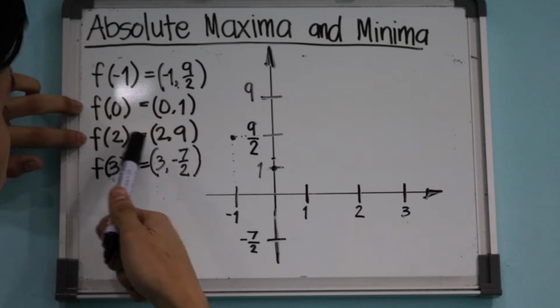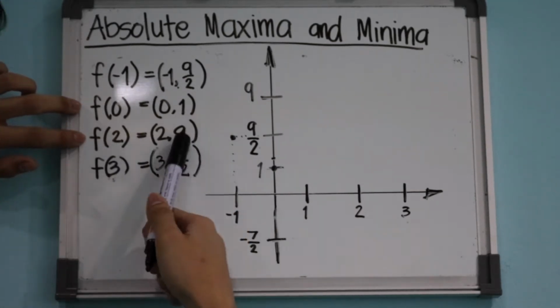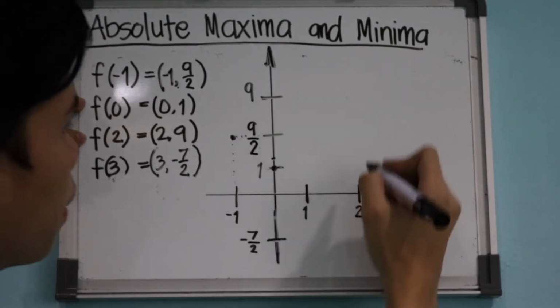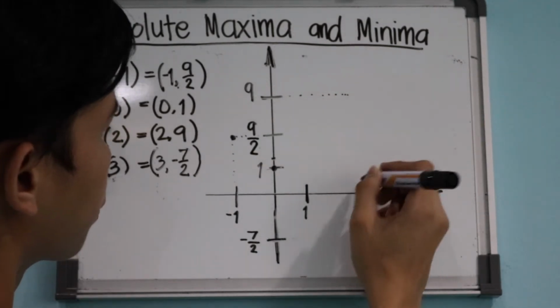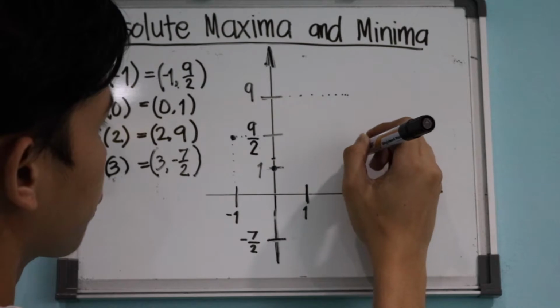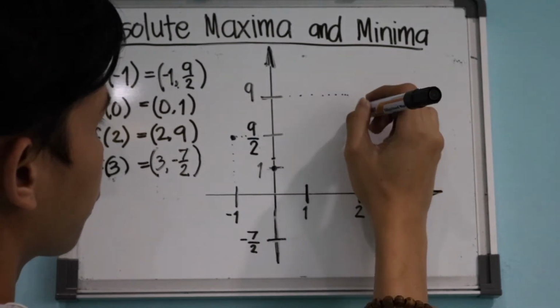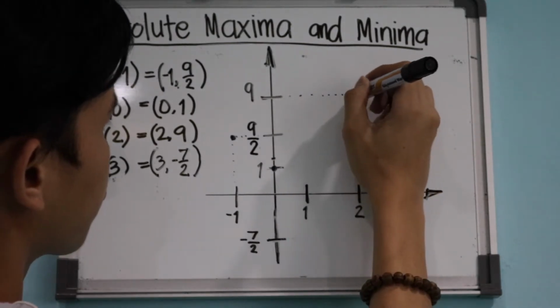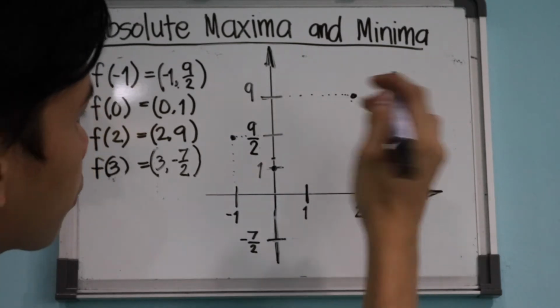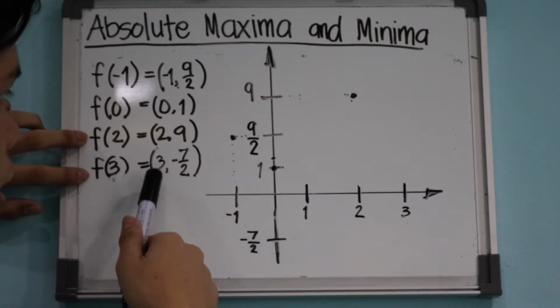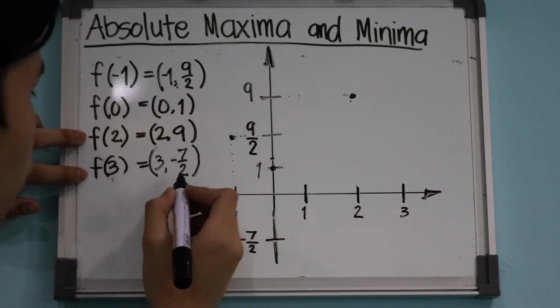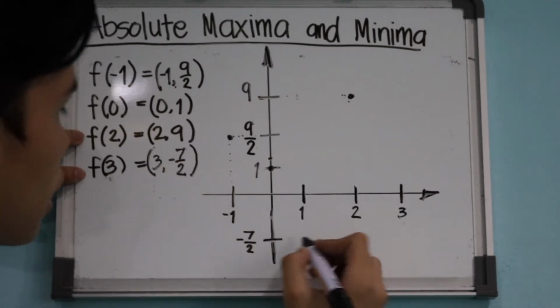Then if x is equals to 2, our y is equals to 9. And lastly, if our x is equals to 3, our y is equals to negative 7 halves.